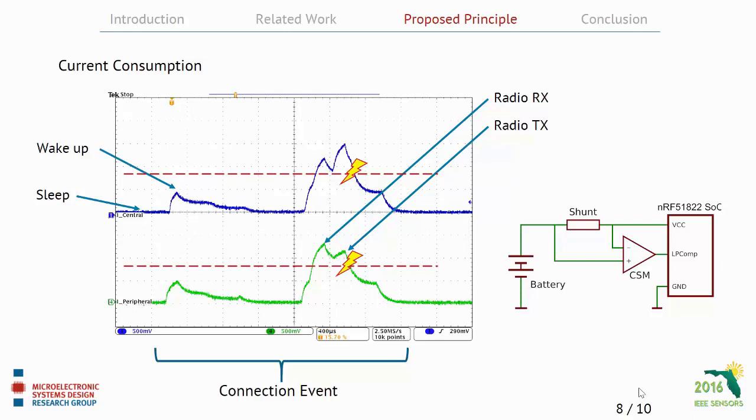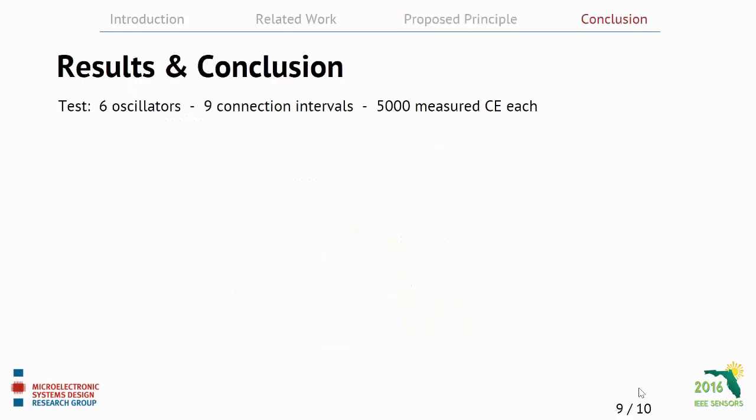In order to examine the possible synchronization accuracy that we can achieve by using these interrupts as timestamps for synchronization, we measured the time difference between when those two interrupts appear in two connected devices. In order to get good results, we measured 5,000 connection events for each setup.